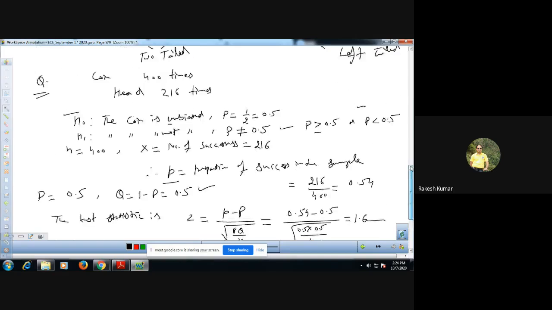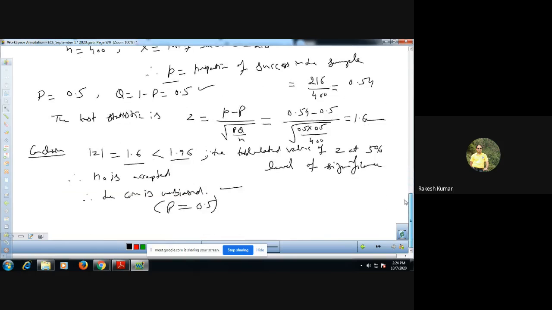So this is the procedure to calculate the value. If somehow this value comes out to be 2.18, suppose, obviously this value is bigger than this value. So in that case, the null hypothesis is rejected, meaning the alternate hypothesis is accepted.